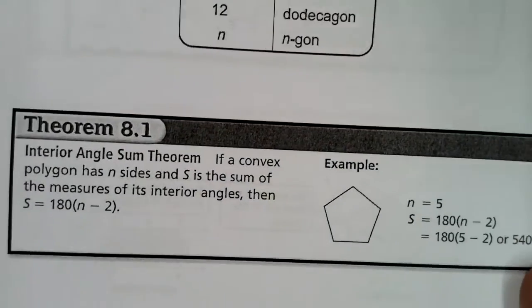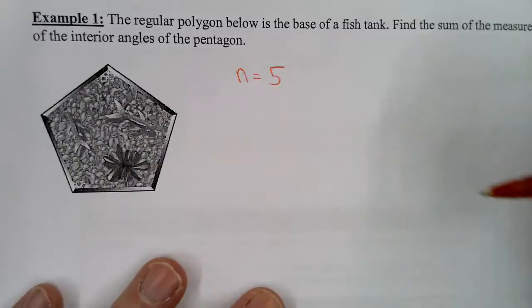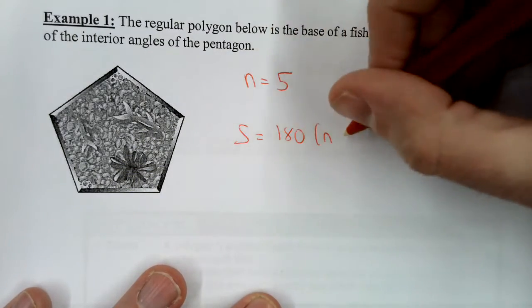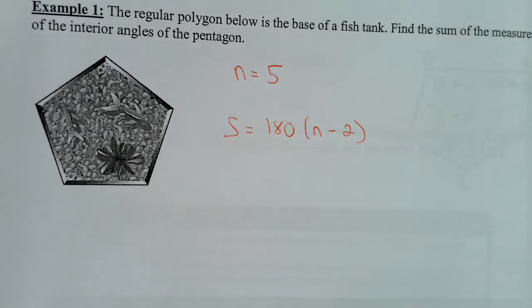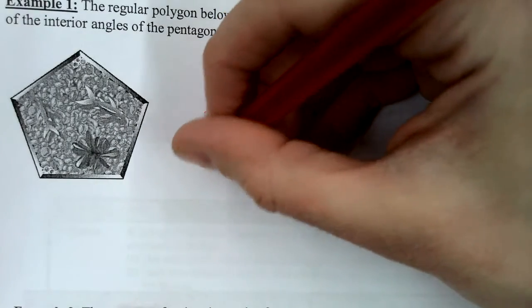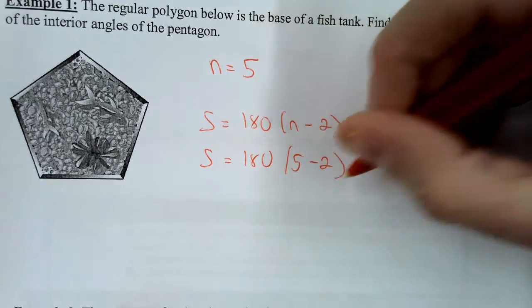Now let's go back to the formula that I just gave you. S equals 180 times n minus 2. You may be able to do these in your head, but I'll just do it out now for the notes. So S equals 180 times 5 minus 2.